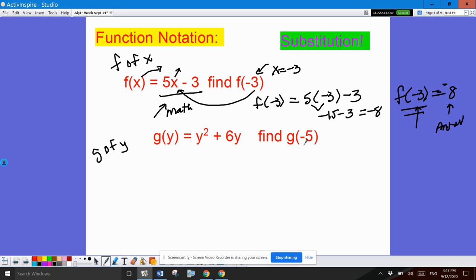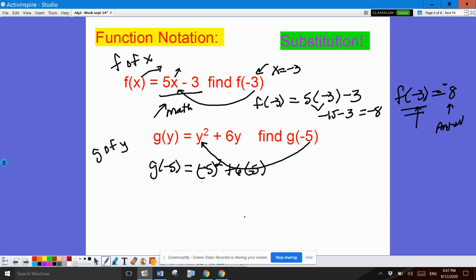Okay, let's try the next one. Again, find g of negative 5. That's going to pop in here. So g of negative 5, again, that's notation. Negative 5, remember parentheses when I substitute. Putting those in.